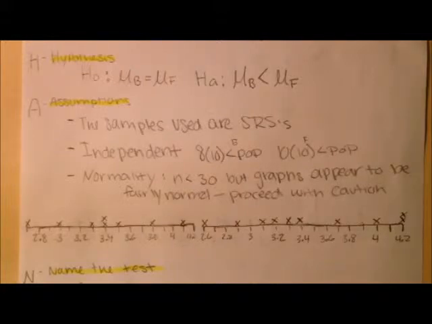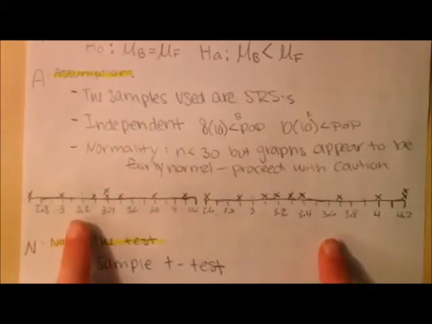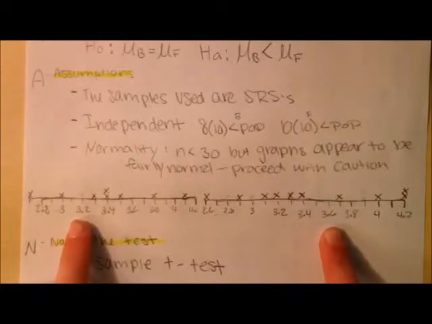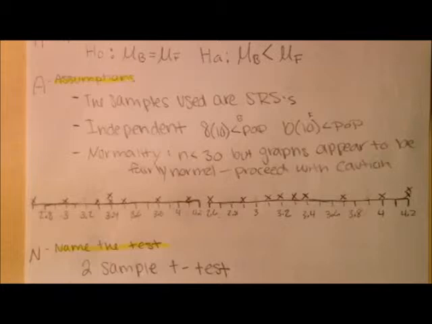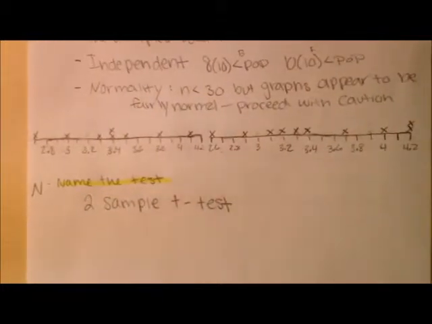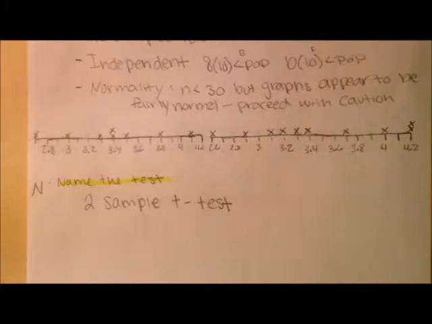Then we check for normality. According to the central limit theorem, 8 and 10 are both smaller than 30, but if we check on the graph here, we can see that both stores have a fairly normal distribution to them, so we can proceed with caution. Next, we'll name the test, and in this case, we'll be using a two-sample t-test.